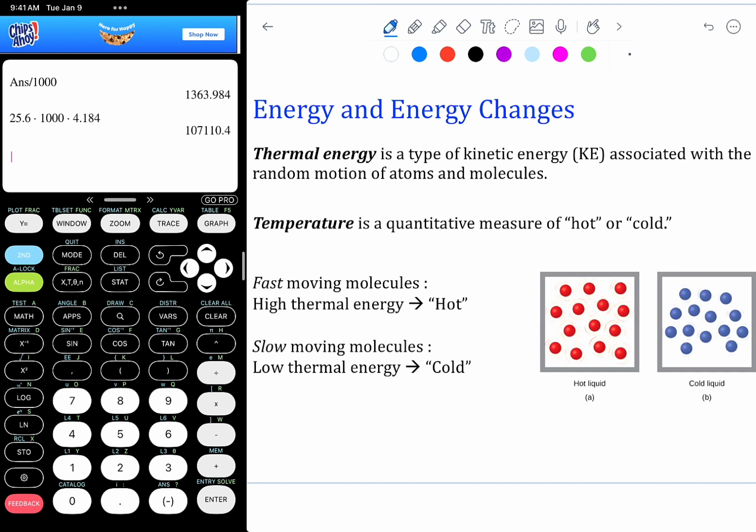So temperature is a quantitative measure of something that is hot or something that is cold. Specifically, fast-moving molecules have high thermal energy, meaning they would be considered hot. Slow-moving molecules would have low thermal energy and would be considered cold.